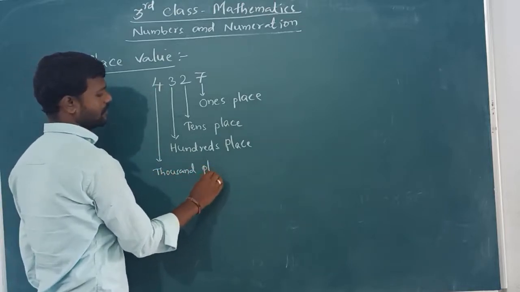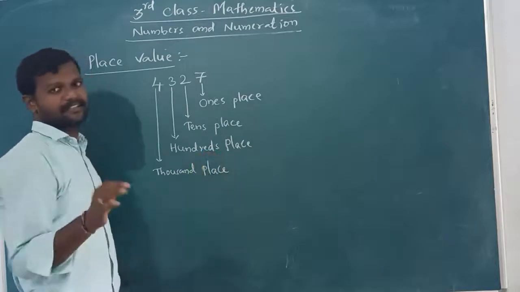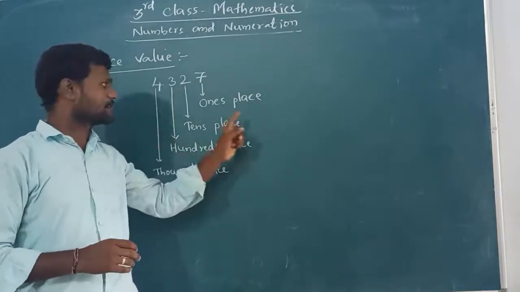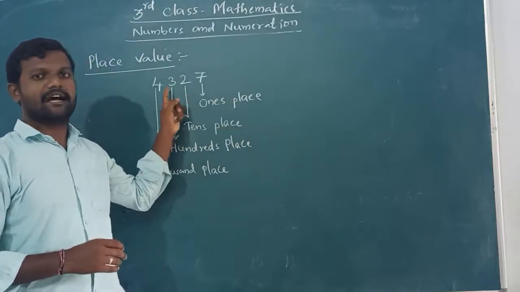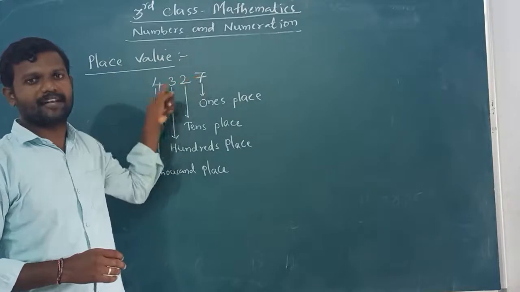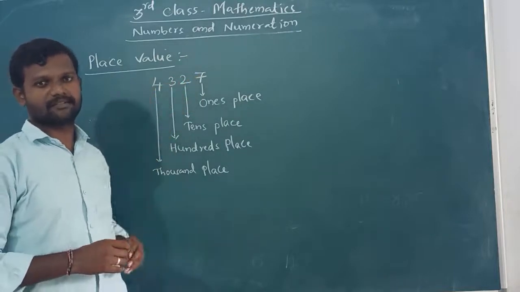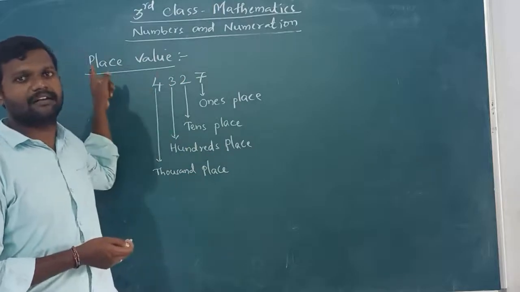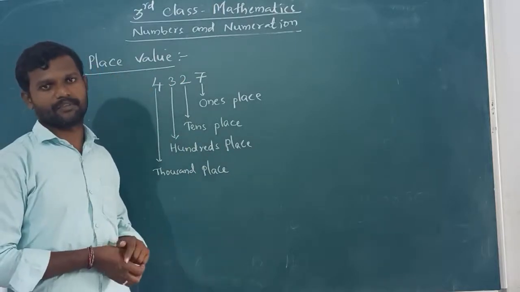Okay, there are 4 different places in a 4-digit number. What are the places? Ones place, tens place, hundreds place, and thousands place. So these 4 digits are in different places. That's why they have different values. Those values are place values.